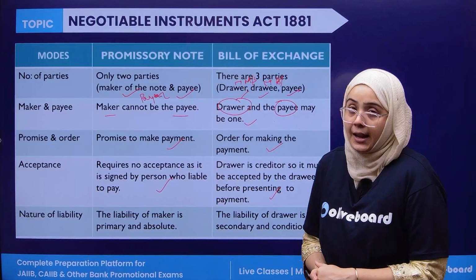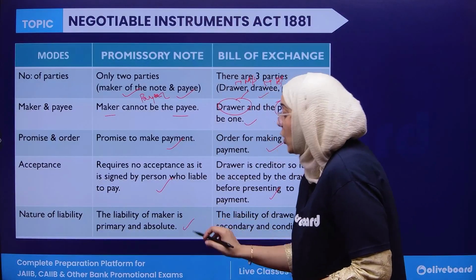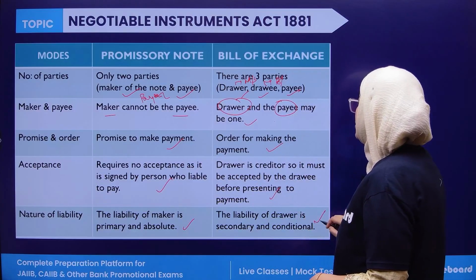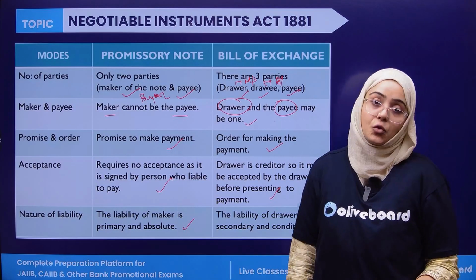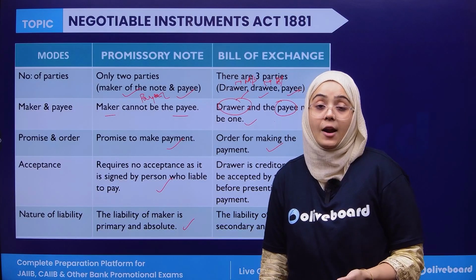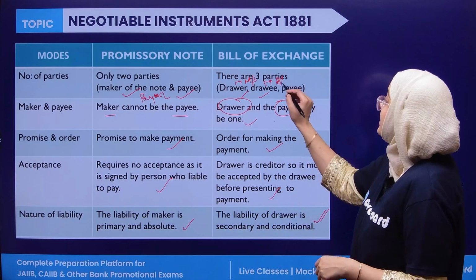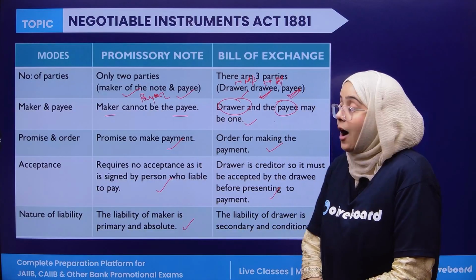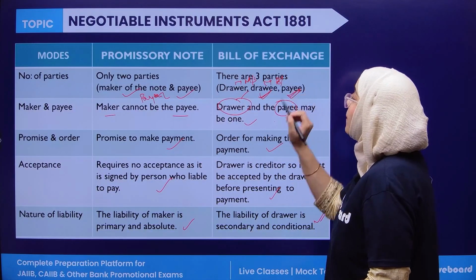Nature of liability. The liability of the maker is primary and absolute. Whereas in the bill of exchange, the drawer's liability is secondary and conditional. It means that if the drawee doesn't pay the amount, then the drawer is responsible to pay.